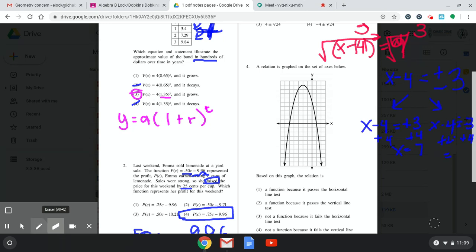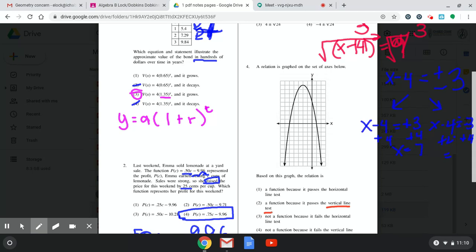Who remembers the function rule when it's graphed? Anybody? Something with a line. What do you have to do with a line there to see if it's a function? Yeah. Do you remember? I think Lizzie just said it. Oh, what'd you say, Lizzie? Vertical line. The vertical line test.